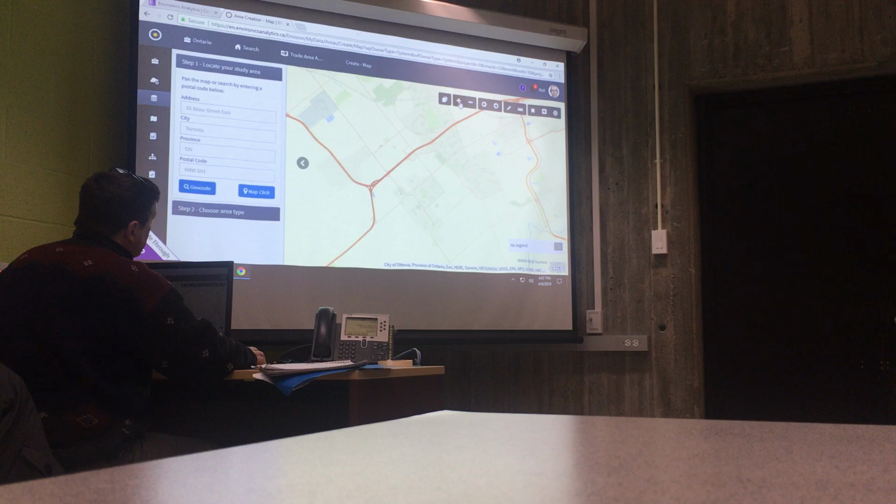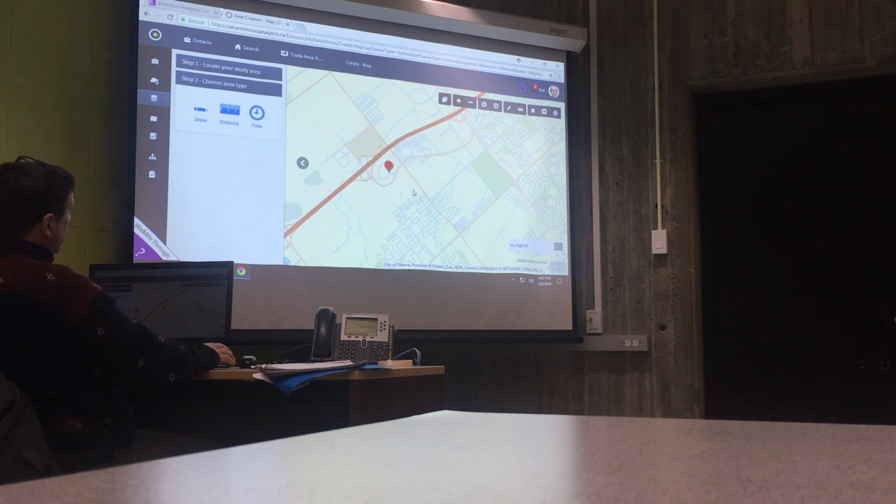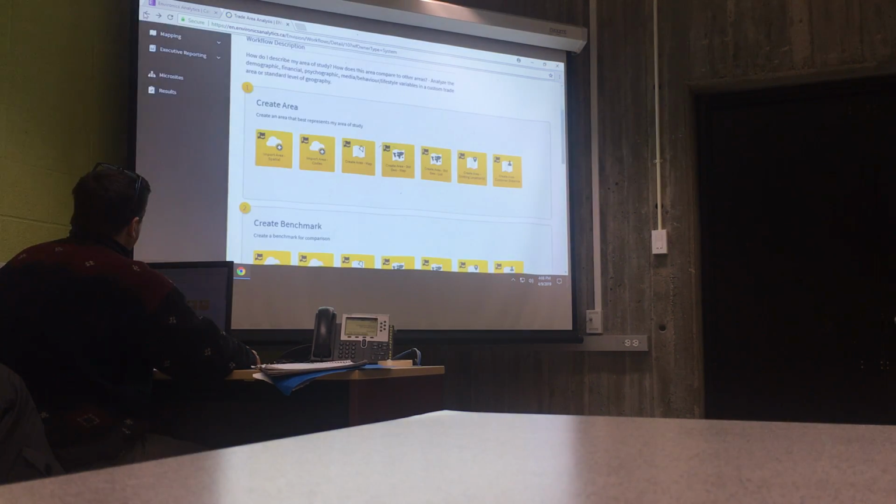This is the most desirable area in Ottawa right here. That's the Canadian Tire Center. Anyway, okay, so that's area.